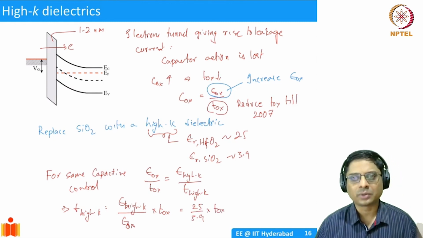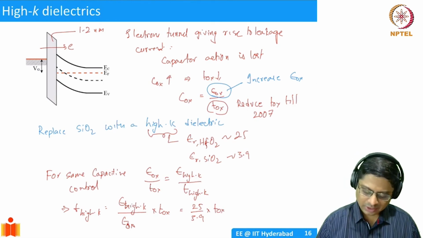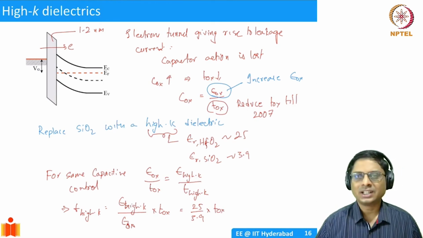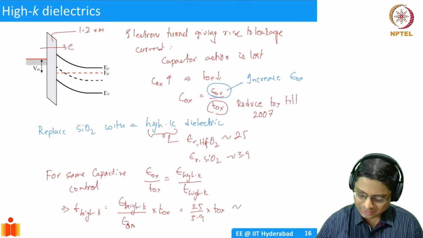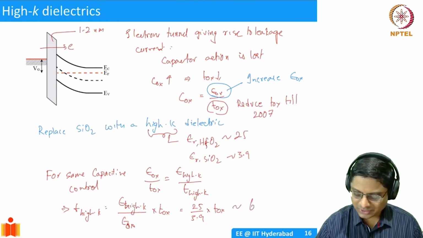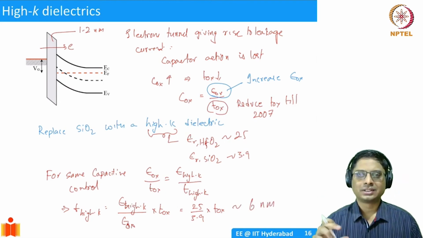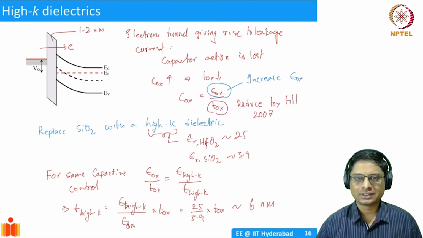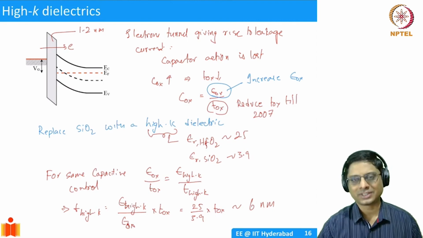In 2007 the oxide thickness was 1.2 nanometers; in 2005 it was 1.5 nanometers. So immediately, if you just replace silicon dioxide with hafnium dioxide, you could have a thickness of high K of about 6 nanometers. So you get a physically thick gate oxide and still have the same capacitive control, or the same current, because COX is still the same.